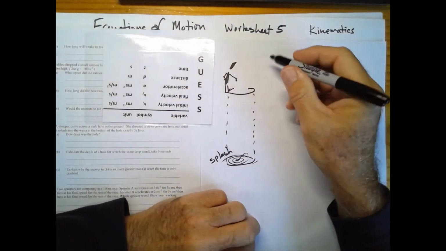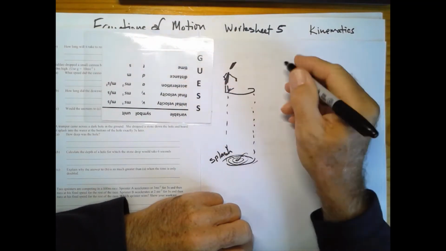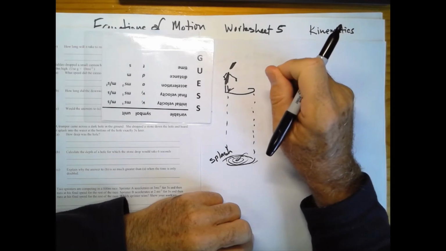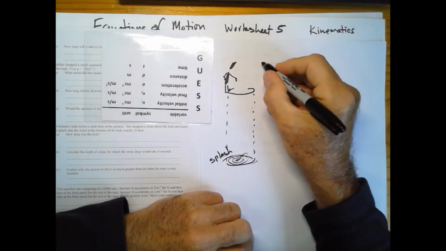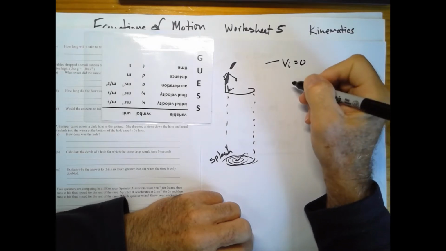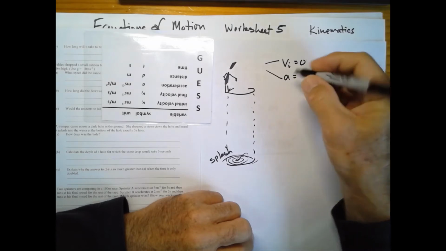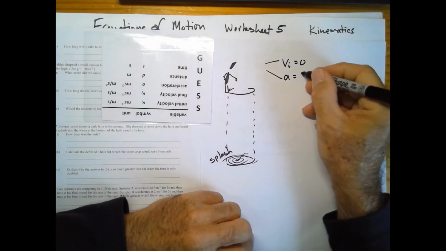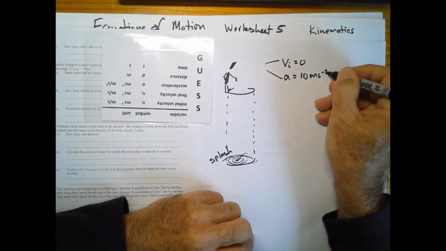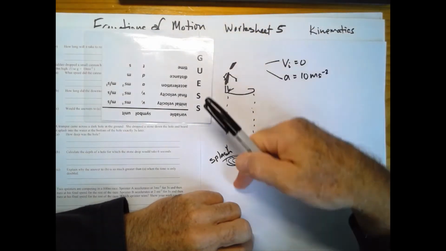Let's do our GUESS. What are we given? We're given that she was holding the stone and let it go, so the initial velocity has got to be 0. We'll be given that the acceleration downwards is 10 meters per second squared. So we're going to say distances, directions down are going to be positive.